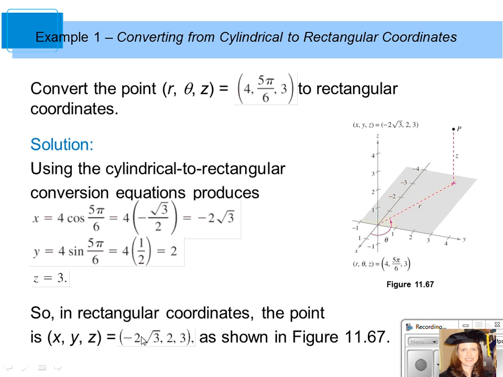In rectangular coordinates, you would move negative 2 square root of 3, back in that direction, then over 2 units and up 3 units. So it would bring you to the same location in both cylindrical and rectangular coordinates.